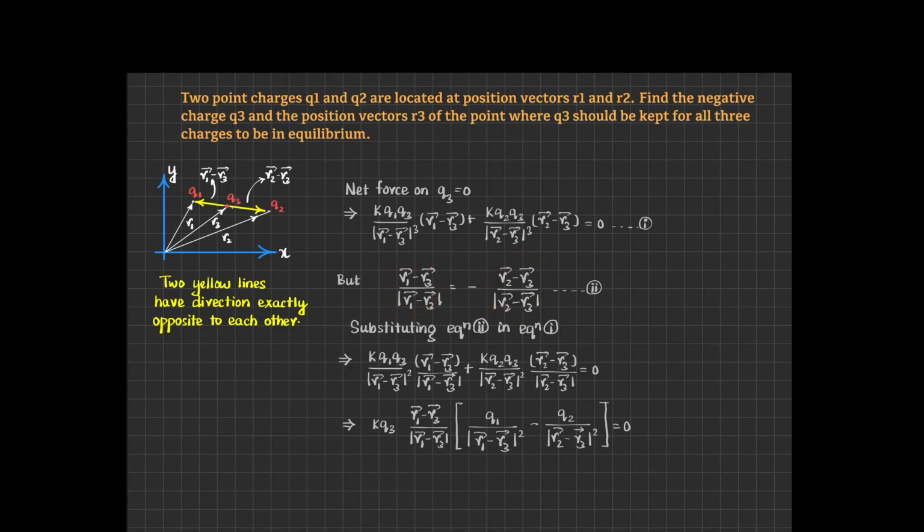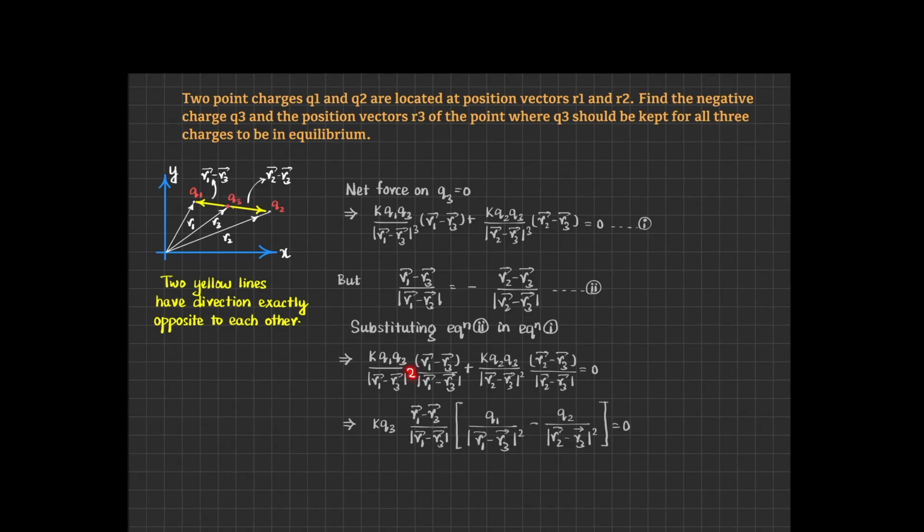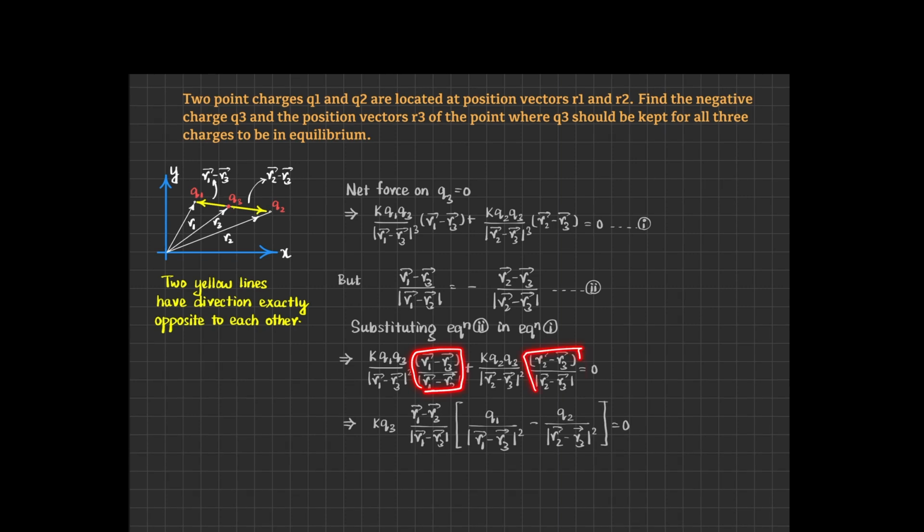Now from this, look, we can check here. |r1 minus r3| to the power 3 is there. So if we decrease the power by 1, I am keeping it square, and one of the |r1 minus r3| I am taking here. So this term and this term on the second part will be the same, right? So that's why these two terms can cancel out.